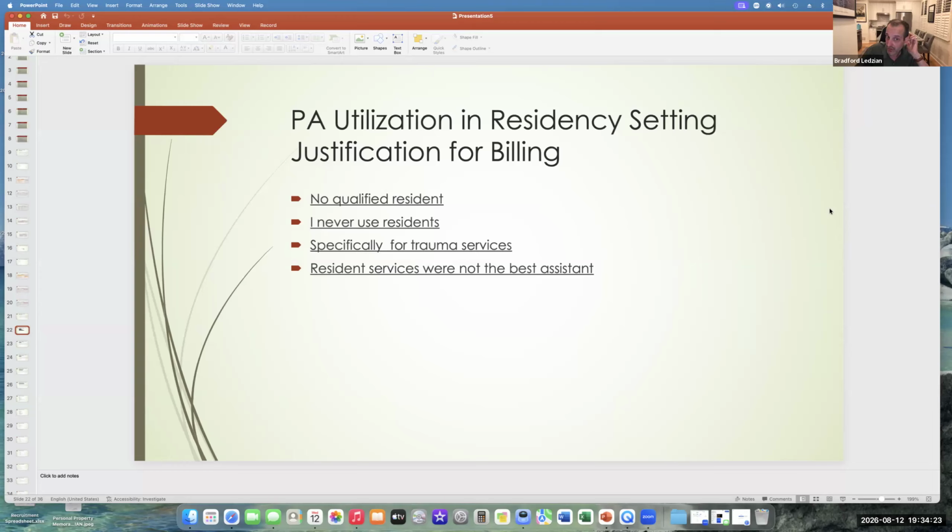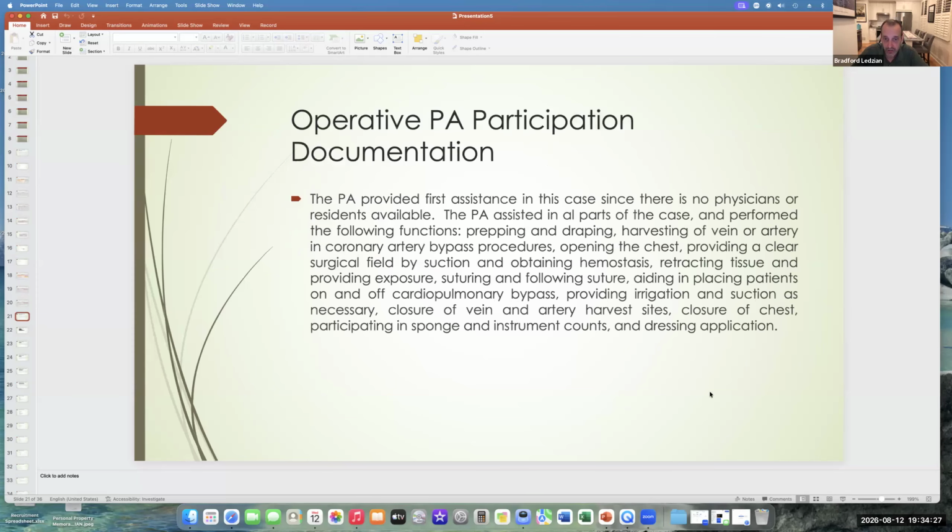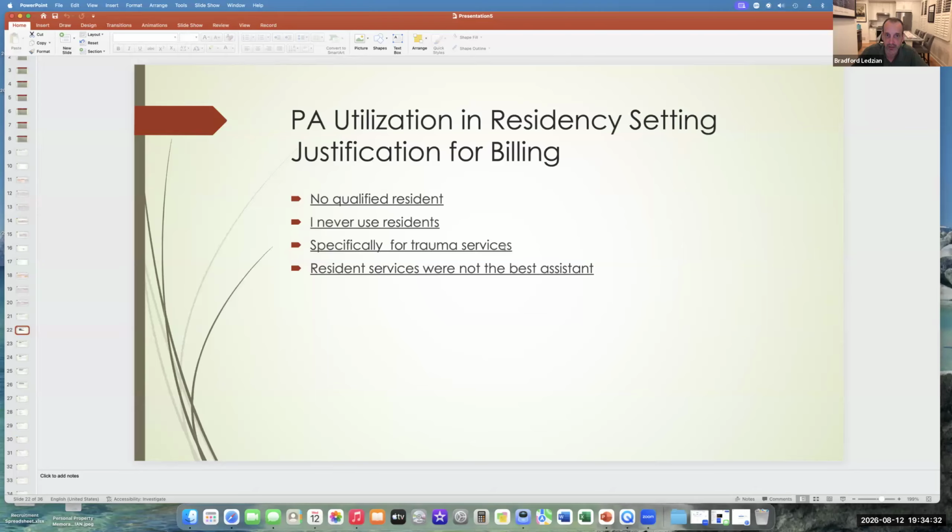There are exceptions to this, and so you need to know these exceptions. This statement would be put in conjunction with one of these statements to justify your billing, specifically if you are working in an institution where they do have cardiothoracic-specific residents.